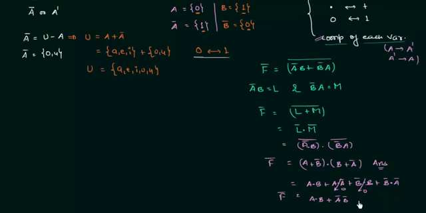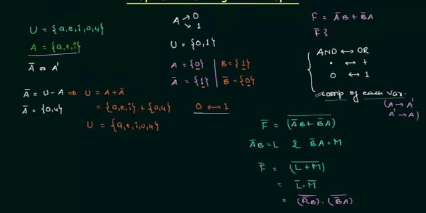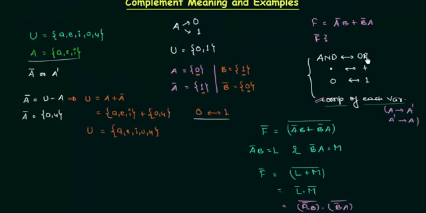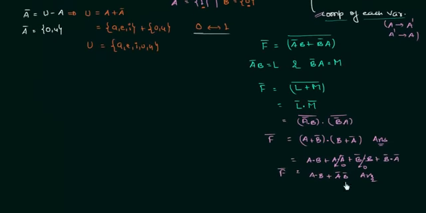This is f complement. And if you have any idea about logic gates, then this is A XOR B, and after taking its complement we are getting A XNOR B. We will discuss them in a logic gate presentation.